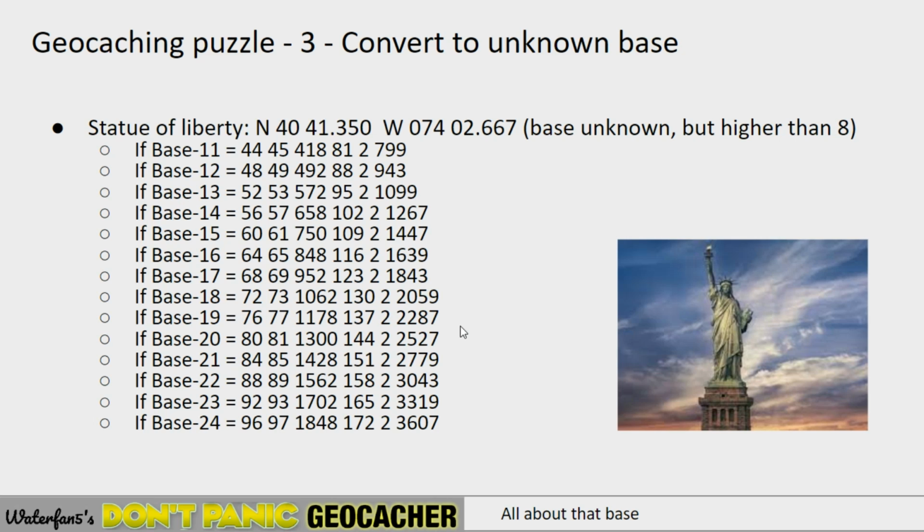They just have taken all the other numbers out so that it looks like a base 10 number, but really it's a base 20 number or some other base that the original coordinates were written in. And these are the base 10 numbers.